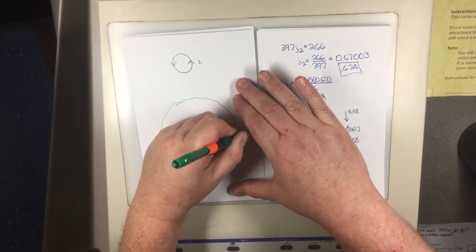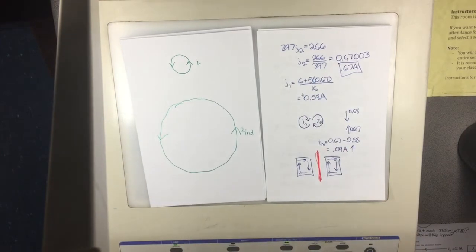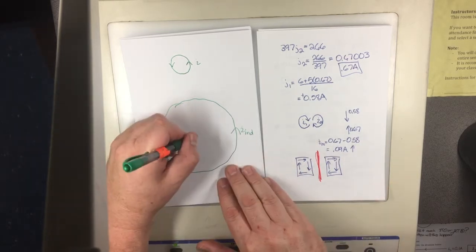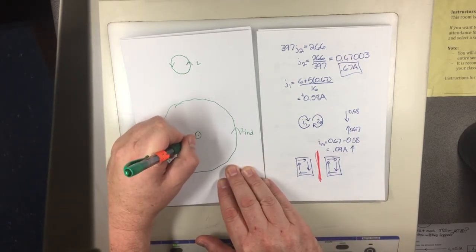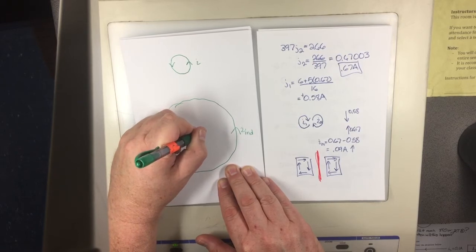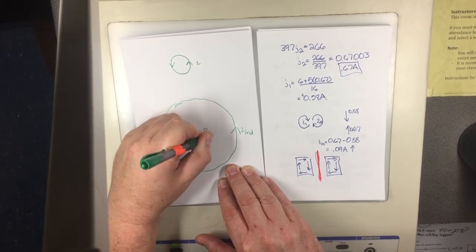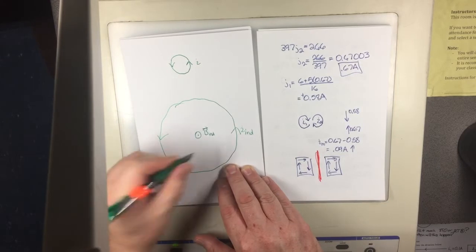So the induced current is counterclockwise. The induced current produces an induced B field and flux and all that stuff that is out of the page.